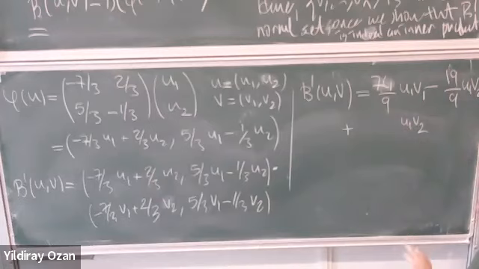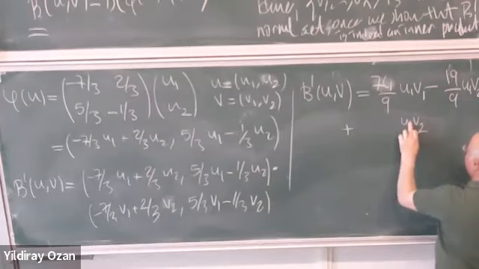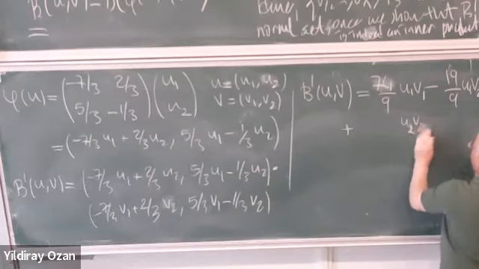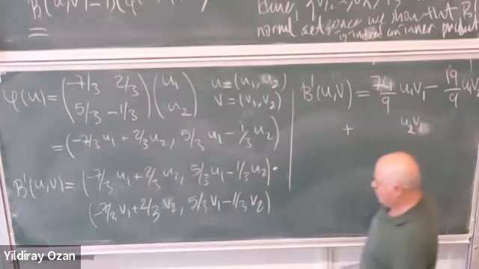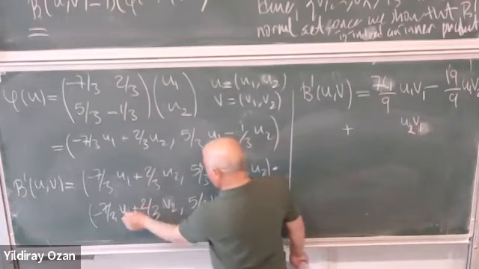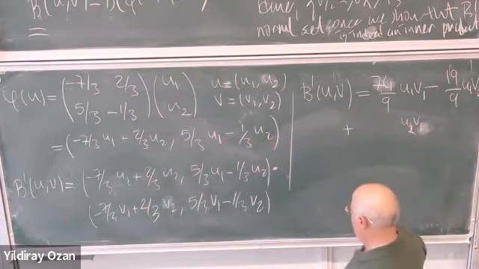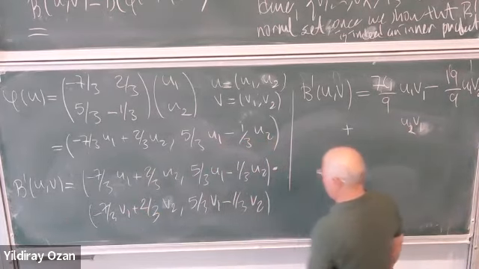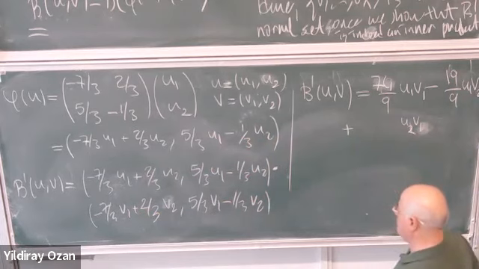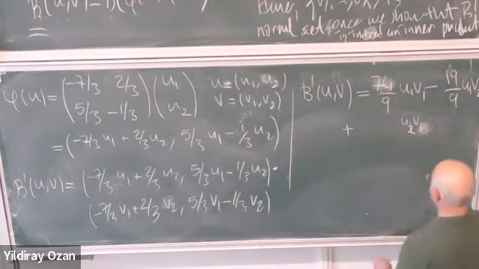Ondan sonra U2 V1 terimleri var. U2 V1. O şuradan gelecek. Eksi 14, eksi 5 yine eksi 19. Öyle mi?